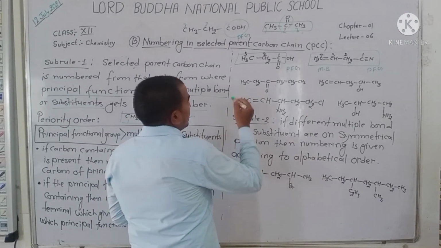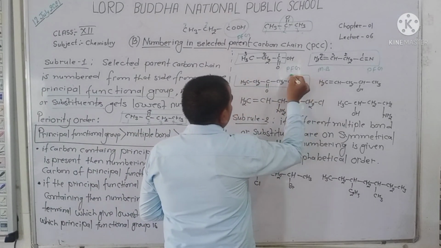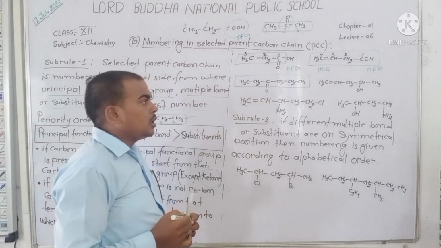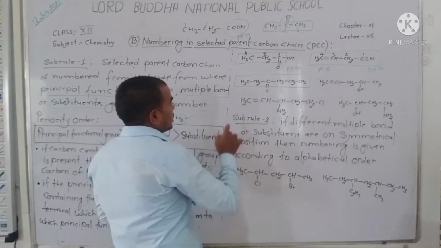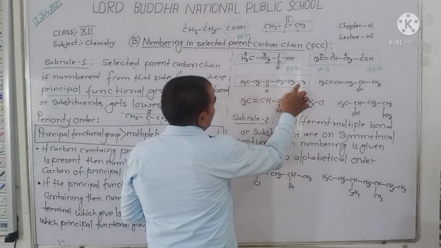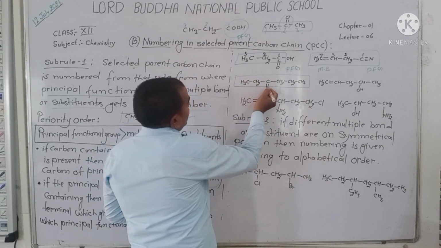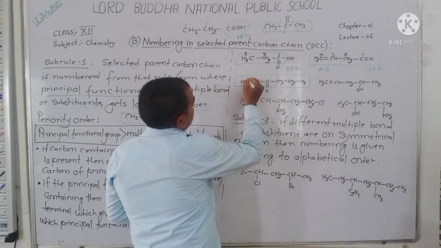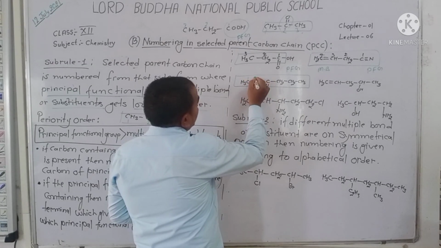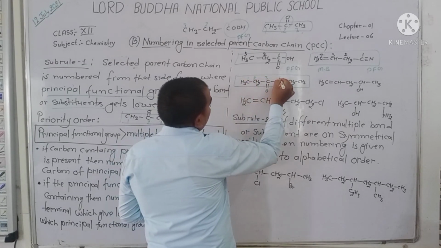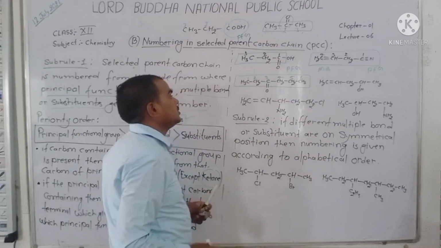Firstly, we select a PCC. Now start counting here 1, 2, 3, 4. From the left, the ketone gets the lowest position. So the right counting is 1, 2, 3, 4, 5, 6.